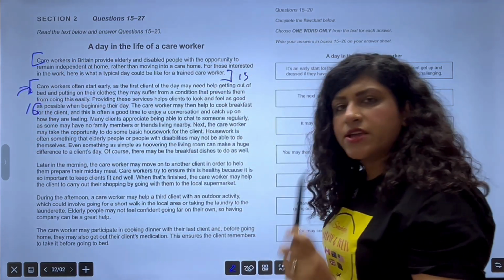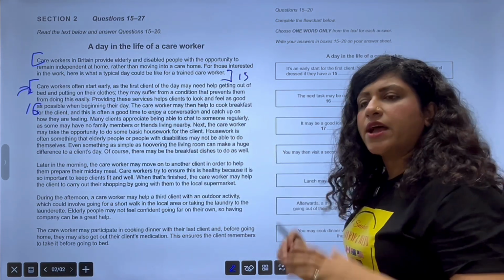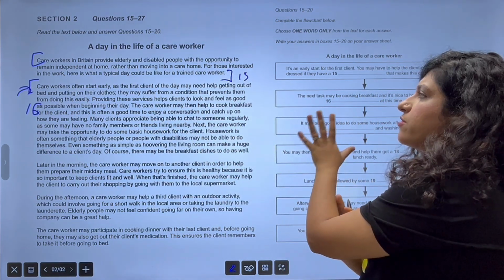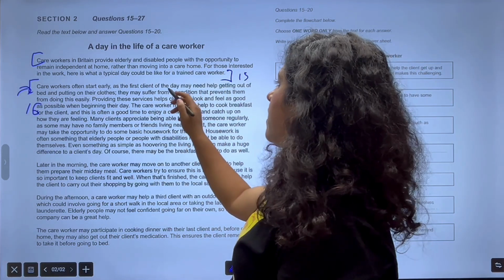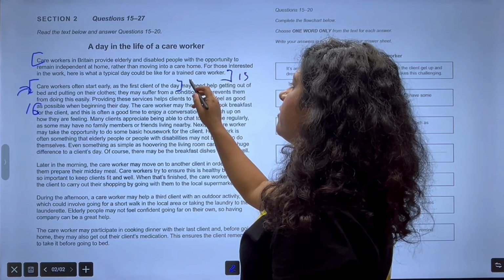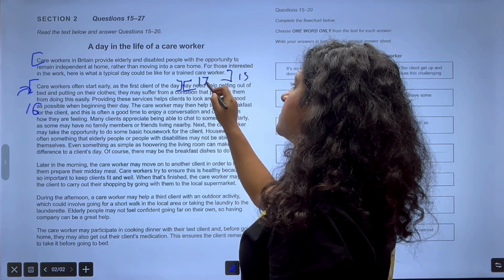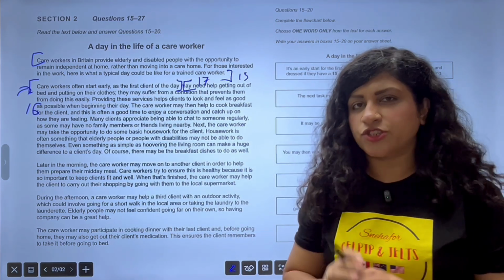So do not waste your time rereading the text from the very beginning. You know that the order of the text and the order of the questions are the same. So let's say now your answer for question number 16 is over here. For question number 17, then you'll be reading from the very next word. So again, do not go to the beginning of the text for your question number 17.